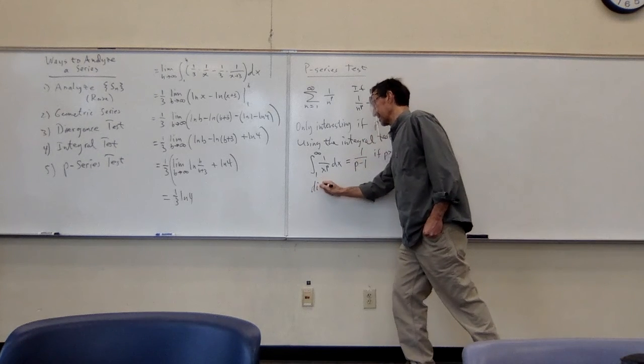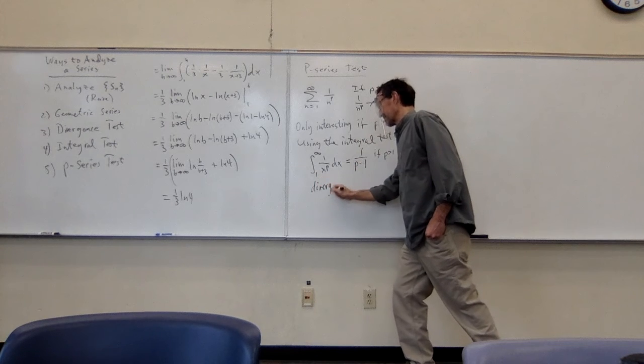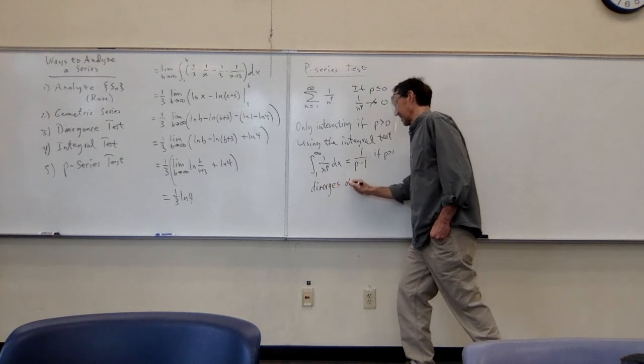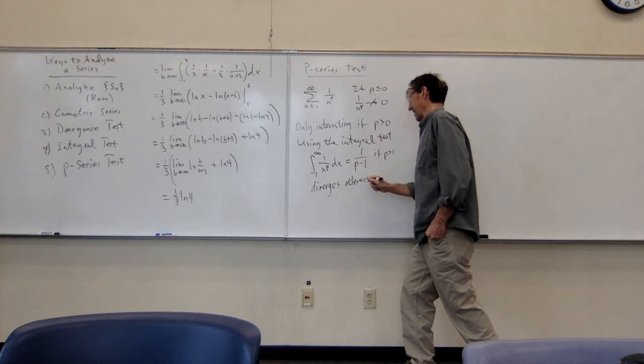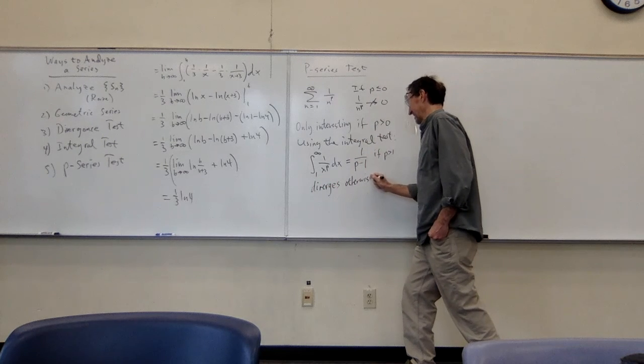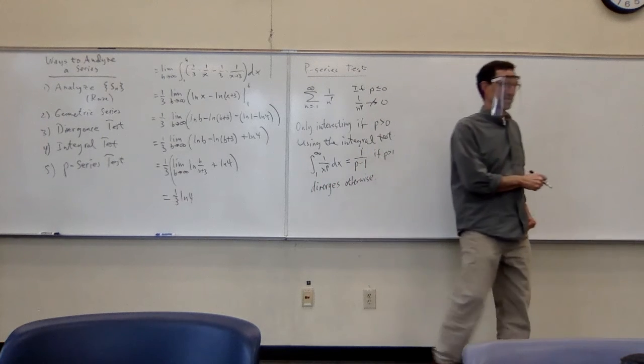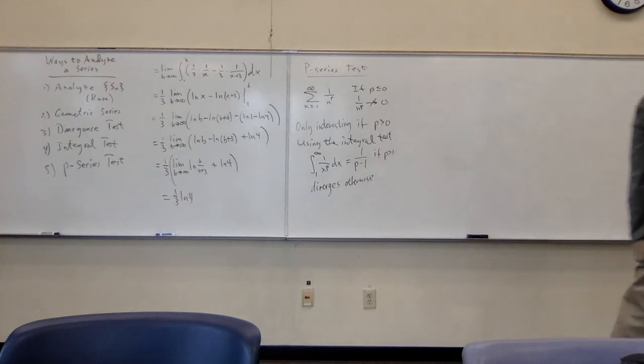Diverges otherwise. And again, we did all this work before, and we had a p in it, and I called it p integrals, I think. Just set us up for today's series. You can see what's going to happen.